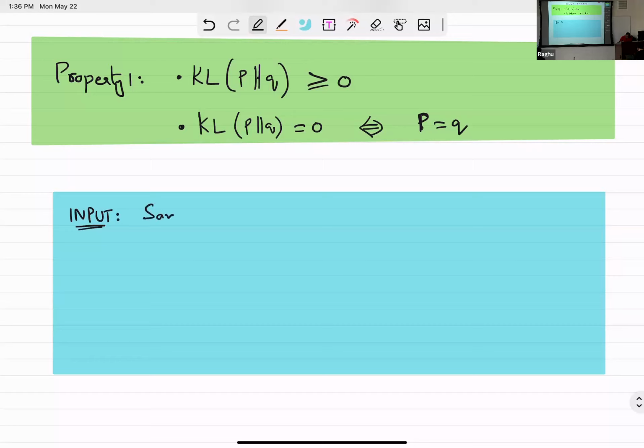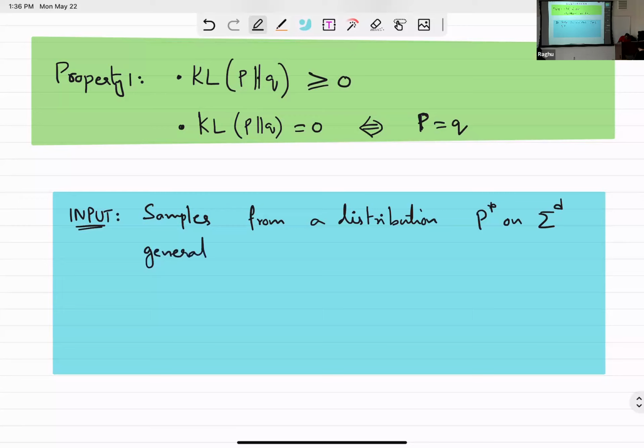We are given the ability to generate samples from a distribution, let me call it P star, on sigma to the D. Sigma is some alphabet. As I said, think of it as just 0, 1, if that helps, or you can think of that as ACGT or some other alphabet. Okay.